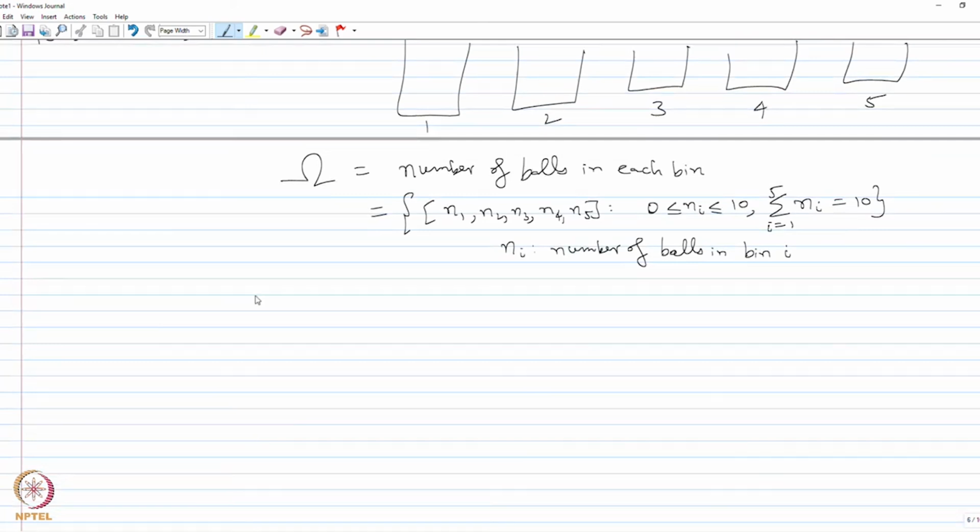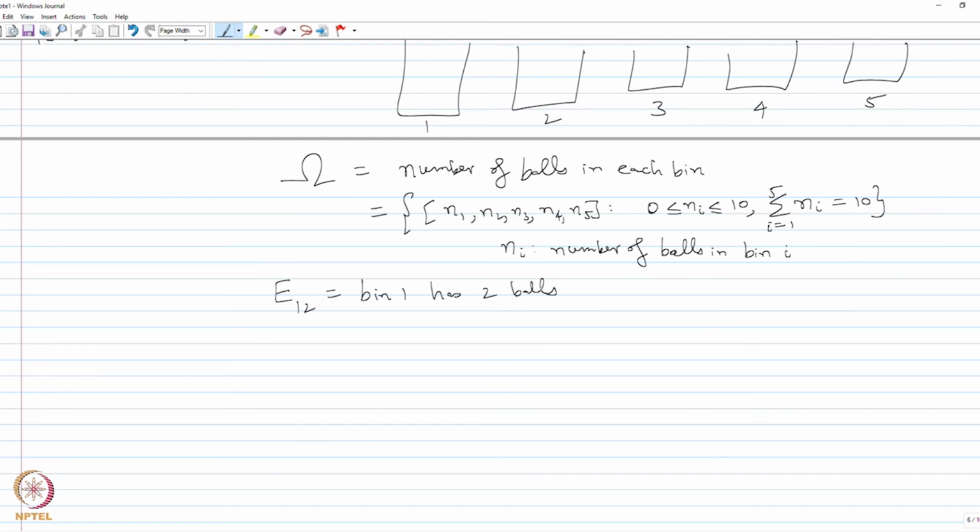Okay, let me write down simpler events here. So I might be interested in the event, let's say a lot of events are interesting. So for instance, I might be interested in the event that I could call it, say, E1,2, which is bin 1 has 2 balls. Okay, so I'm interested in all the outcomes in which n1 was 2.